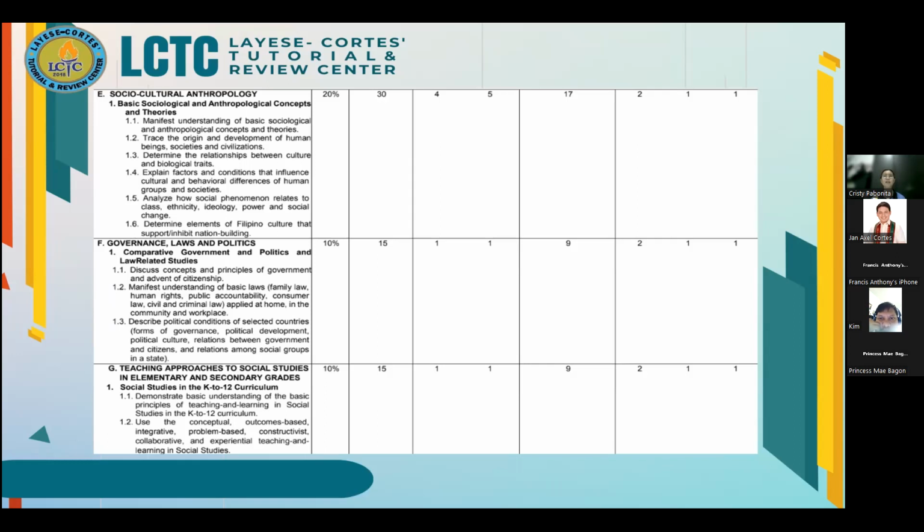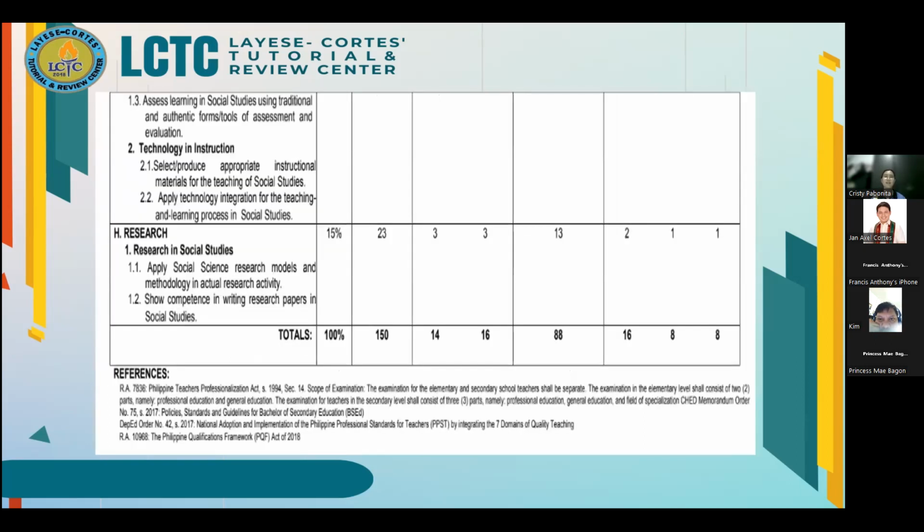Kung sa may mga nahitabo nga changes ni social studies under the K-12 curriculum. Okay, so what are the new discoveries or the new applied approaches and strategies or techniques in teaching the social studies in the classroom under the K-12 curriculum. Okay, so that's all.